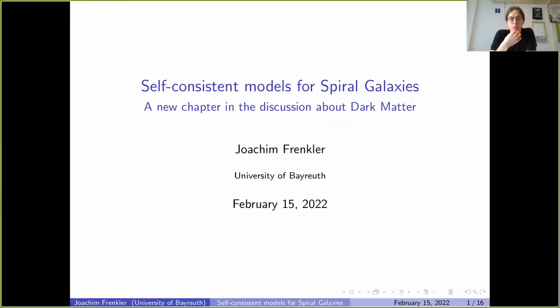So they are a stationary solution of a suitable Vlasov-Poisson system. And these models have many properties which conform to observations very well. So these models really resemble a galaxy like we can find it out there. And we can learn quite something from these models. For example, I mentioned it here in the subtitle, we can learn something about dark matter.